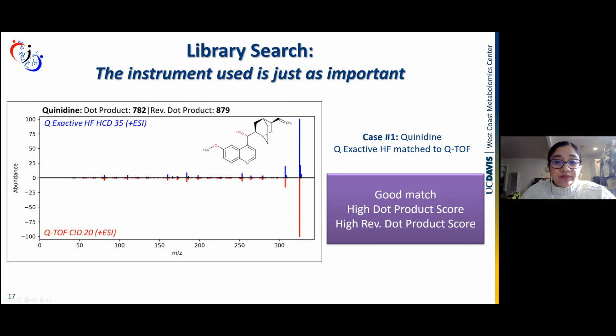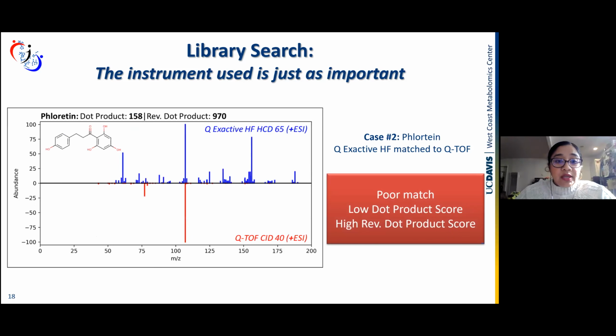So even with different instruments, you can get a really high score and a very good match. But in case two, this is the same compound again, on a Q Exactive at the top and a QTOF on the bottom. You can see that the energies are quite different. The way that the fragmentation occurs does differ slightly, even though everyone is using CID or HCD; there's a little bit of differences to account for. This compound, florifin, has a very low dot product score and a very high reverse dot product score.